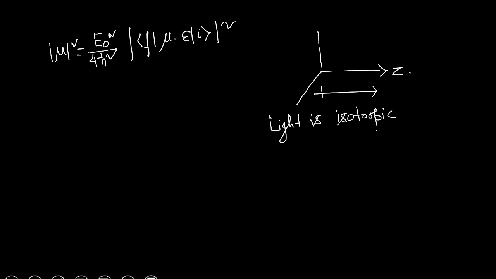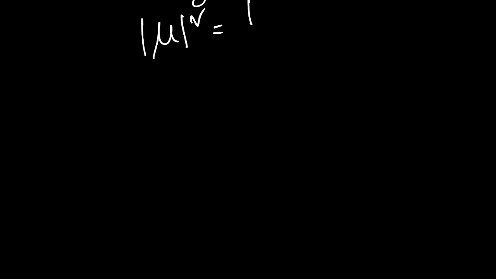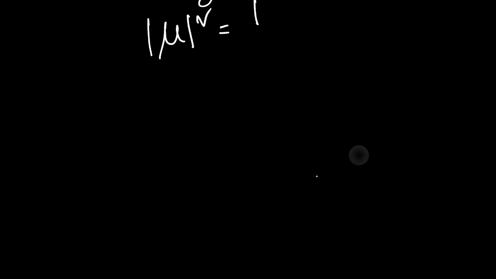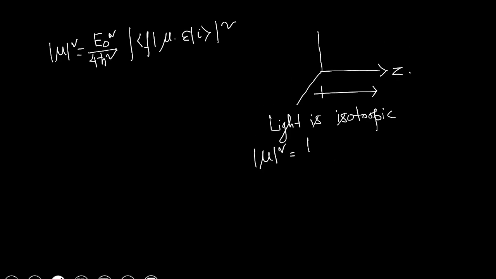So mu square is only, sorry, can be written as 1/3 of mu square along z.